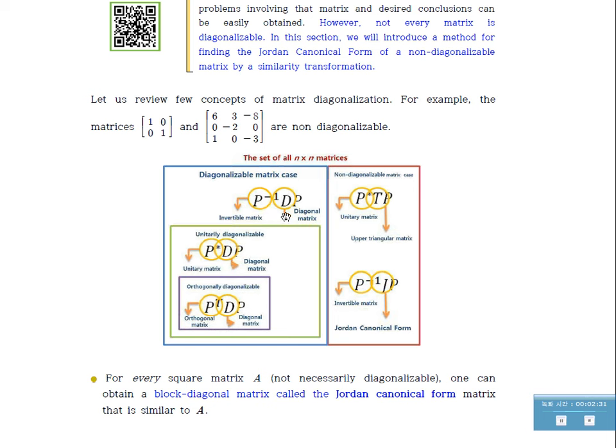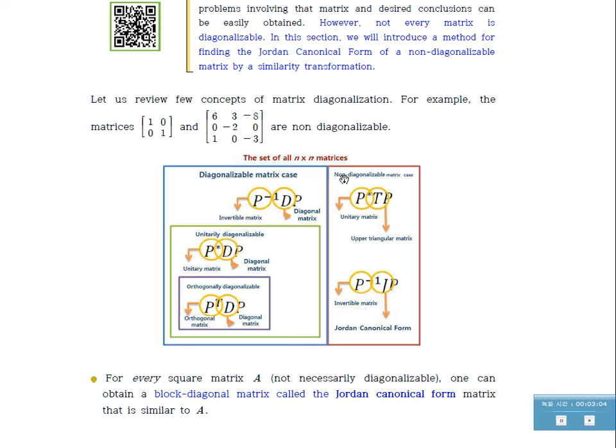If it's a diagonalizable matrix, then we can easily find D and P that make A equal to P inverse DP. Particularly if it's unitarily diagonalizable, this P inverse can be easily found by just P conjugate transpose. If it's a real matrix, then P star is the same as P transpose. So we can have orthogonally diagonalizable.